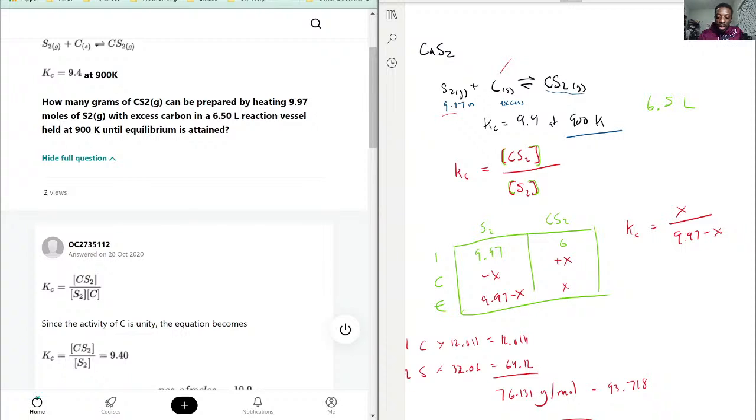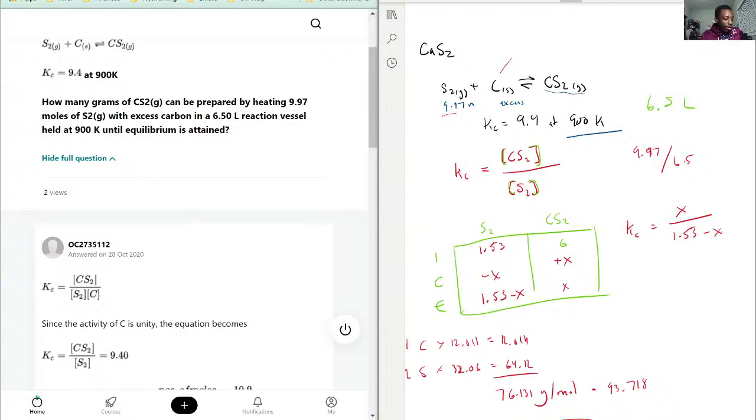Well, specifically, it wouldn't be 9.97. The concentration of this would be what we did earlier, 9.97 divided by 6.5, which was 1.53. So 1.53 minus x.